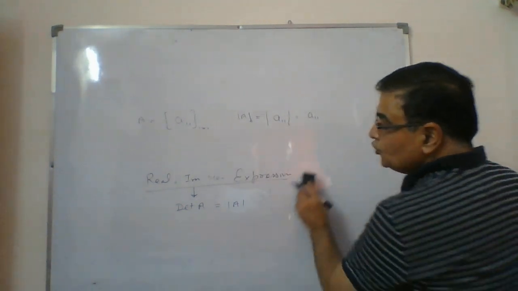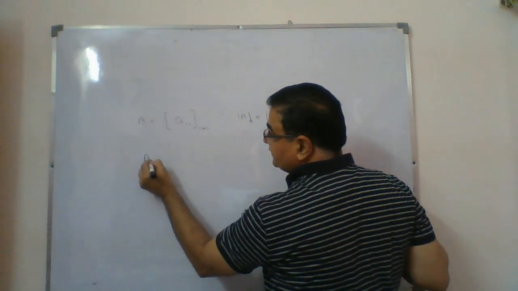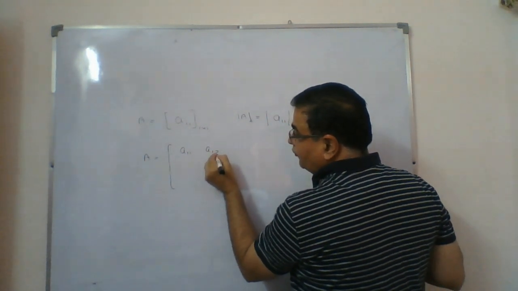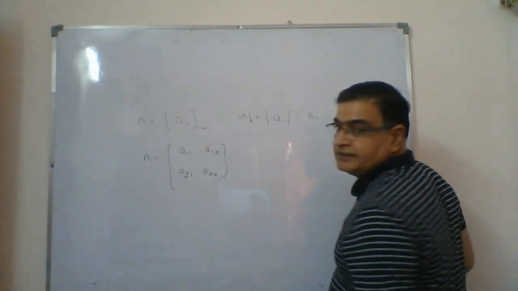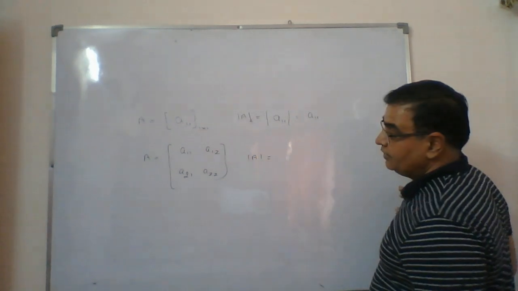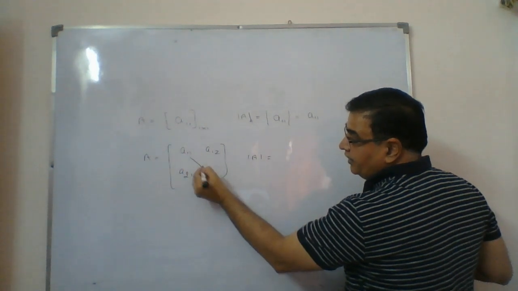If we have a 2 by 2 matrix, for example, A11, A12, A21, A22, and if I say find the determinant of A, then what I'm going to do, A11 we will multiply with A22.